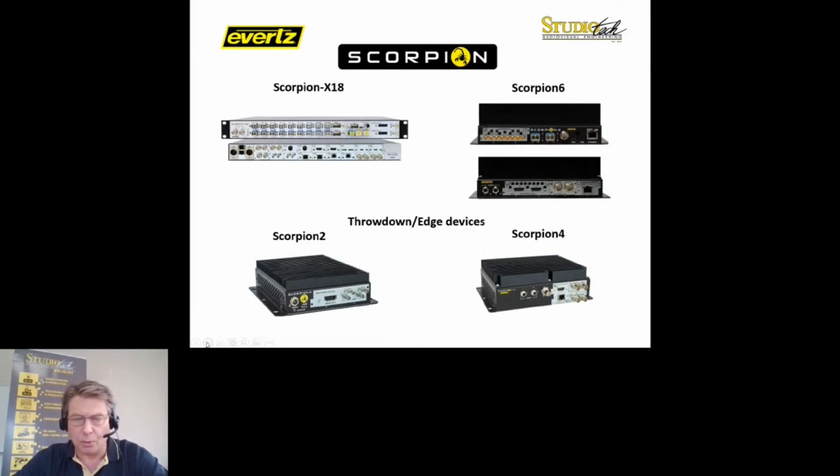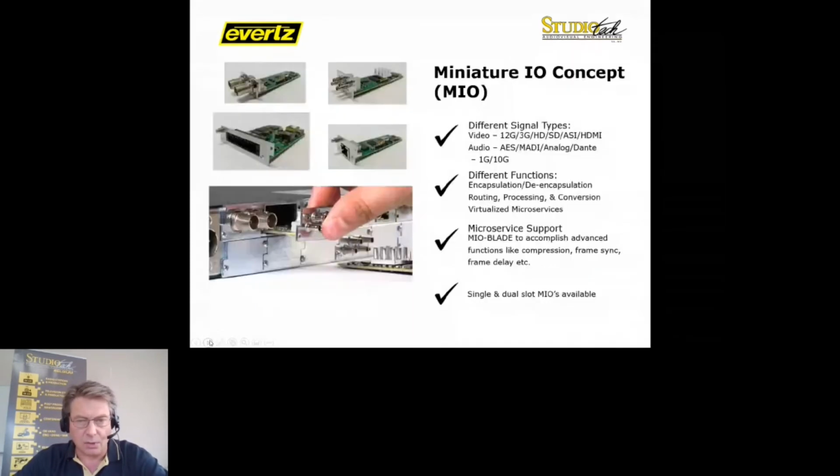It really depends on which signals you want to use, if it's analog or digital, 4K, 3G, HD. There is a complete list of MIO modules that exist within Evertz. The list is available. There is also a configurator tool online, so you can actually configure your own Scorpion platform or your Scorpion device. It's completely up to you what you want to do with it.